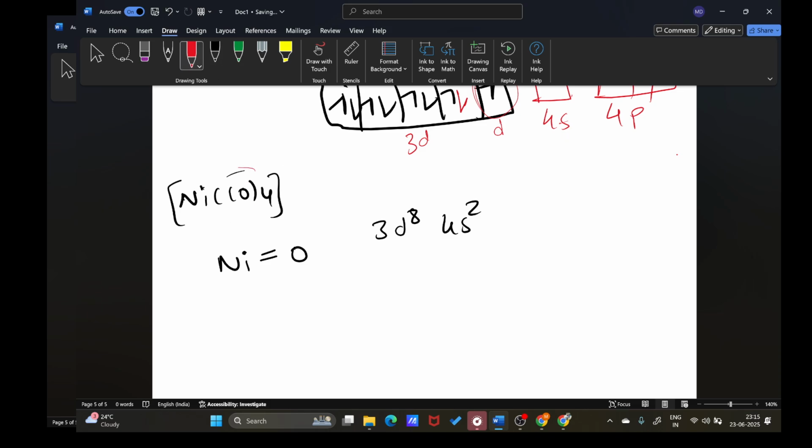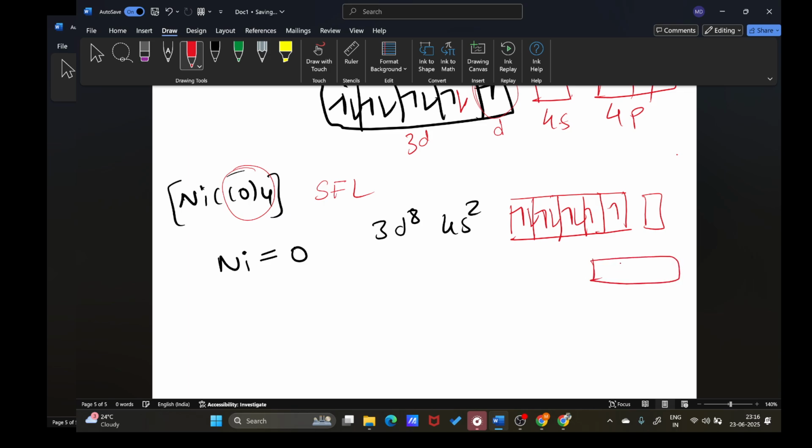Again, a noteworthy thing is CO is also a strong field ligand. So what will this cause? Again, if we see 1, 2, 3, and this is 1, 2, 3, 4, 5, 6, 7, 8, we have electrons here.